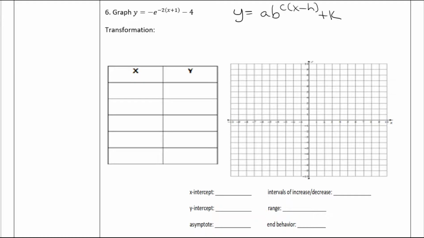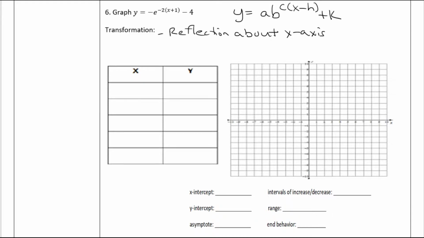Well, a is 1, so there's an invisible 1 there, so it doesn't really do anything. But you do have a negative. So that negative does a reflection about the x-axis.